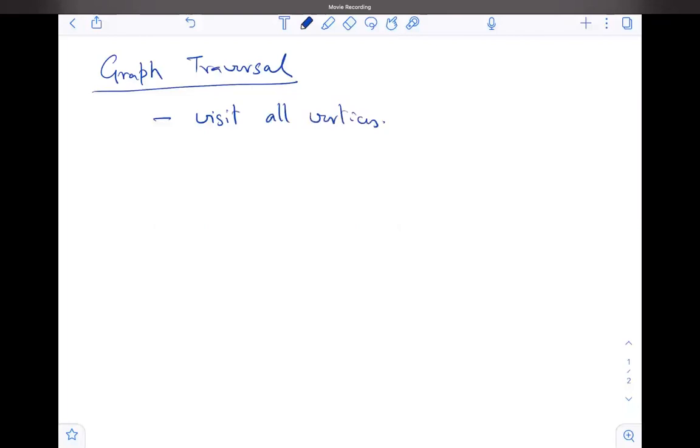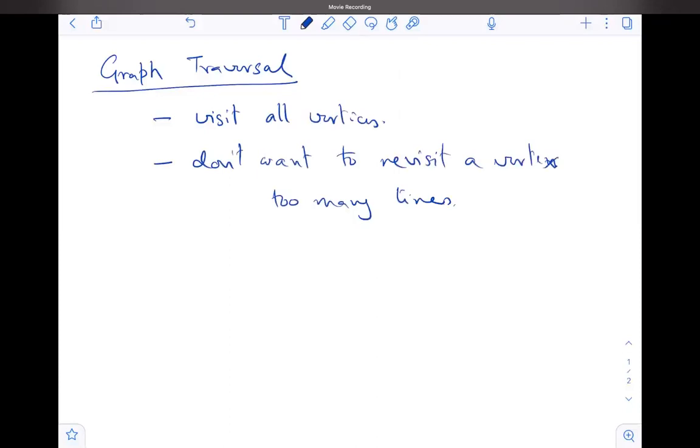Because we want to visit all the vertices, we also don't want to revisit a vertex multiple times. So we need to do some kind of bookkeeping to ensure where we have gone and where we have not gone.